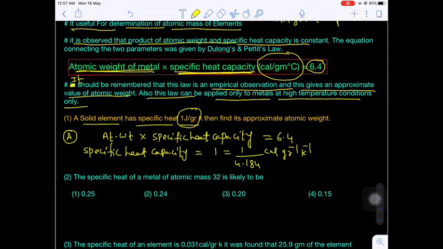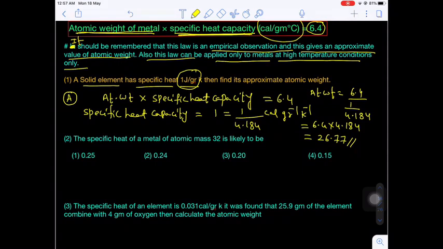Now here, atomic weight is equal to 6.4 divided by heat capacity, which will be 1 by 4.184. That means 6.4 into 4.184, that will be 26.77, which is the answer. Now, next question: the specific heat of a metal of atomic mass 32 is nearly?